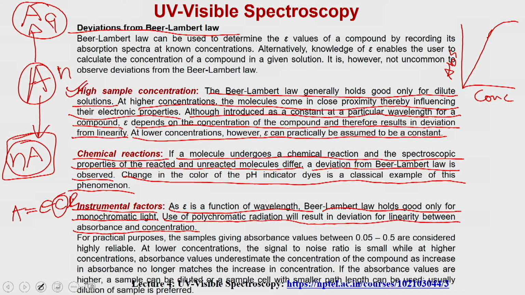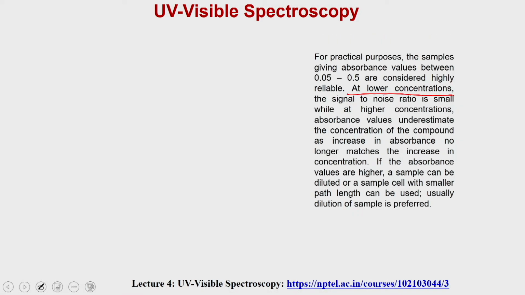That is why it is recommended for practical purposes that you do a measurement only in the range of 0.05 to 0.5. At lower concentrations the signal to noise ratio is small, while at a higher concentration the absorbance value underestimates the concentration of the compound, as the increase in absorbance no longer matches the increase in concentration.